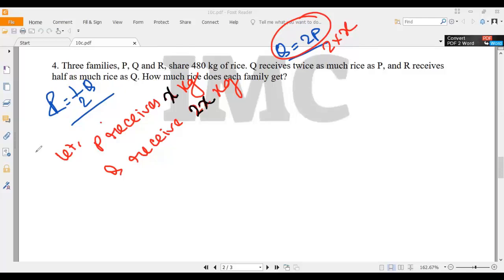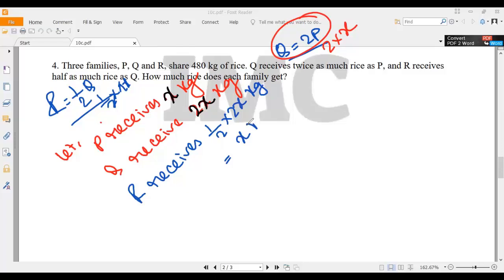Now the question says, R receives half of Q. That means half into, what is the Q? 2X. Okay, so we can cancel 2 and 2, we'll get X. That means half of 2X kg, after cancelling 2 and 2, we'll get X kg. Now, what about the question?